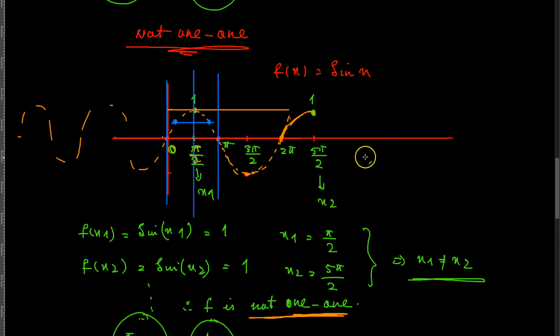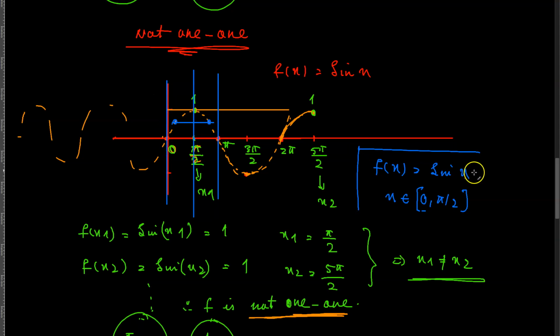So now if I say that f of x is equal to sine of x, and x belongs to the set 0 to pi by 2, now in this case, as you can see, the function is 1, 1, and of course the function is onto, because the domain is the set of real numbers, the range is the set of real numbers.